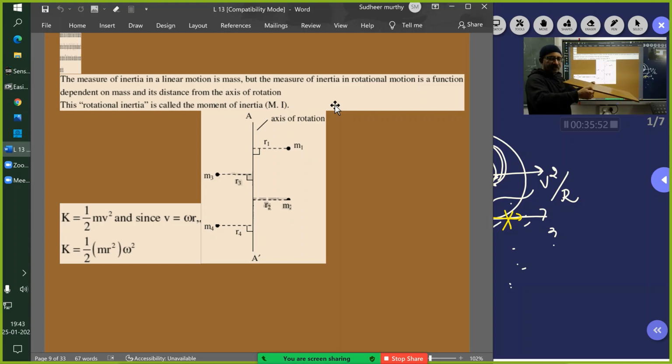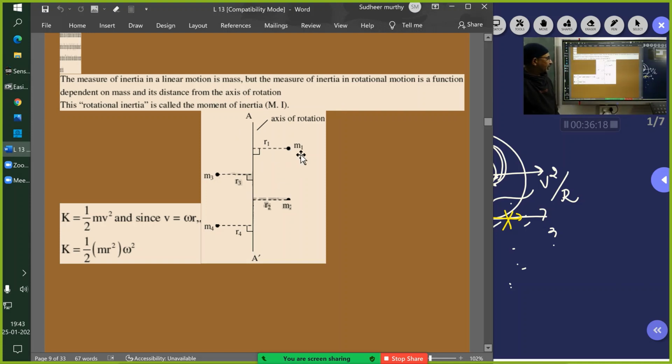If I hold the axis here, the proximity of the particles with respect to this axis will be less, and therefore the inertia will be less. And if I am holding at the center, the rotational inertia is least. However, the translation inertia will not change whether I hold it here or here.